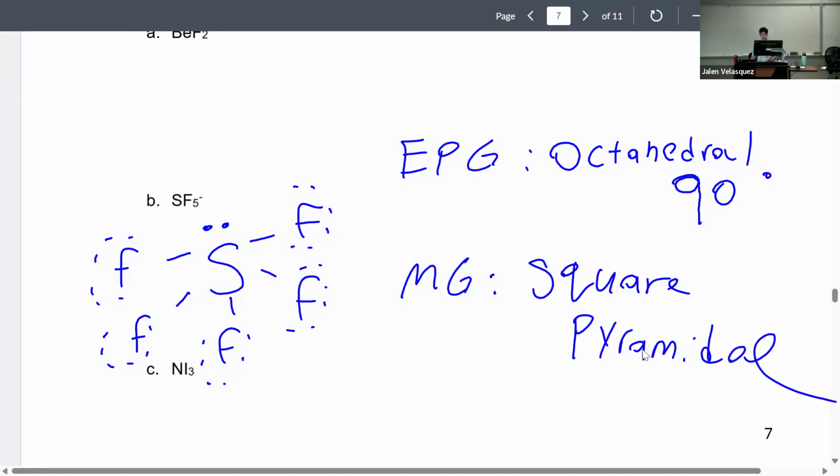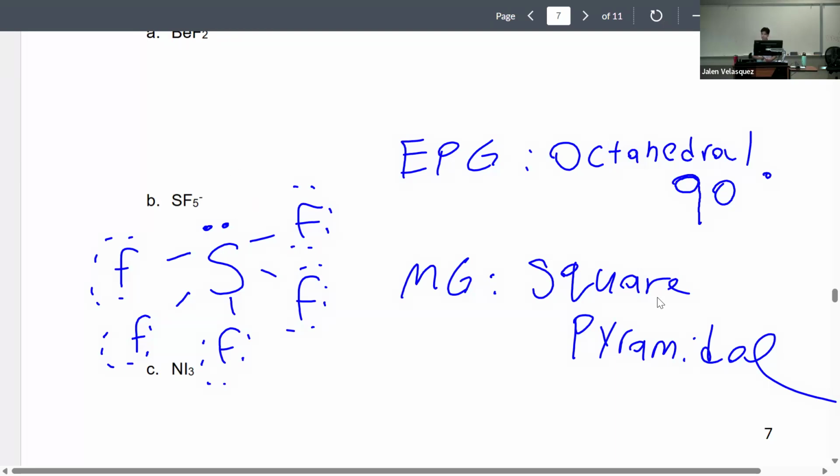Okay, and that bond angle you don't have to know. It's got a negative charge, right? It's -1. Formal charge on the fluorines are all 0, but it's -1 on the sulfur.